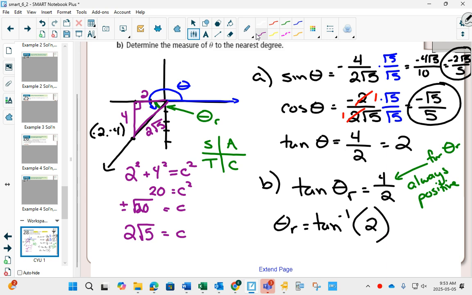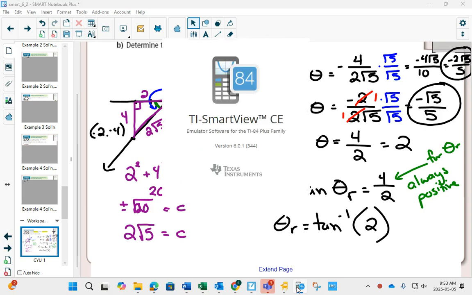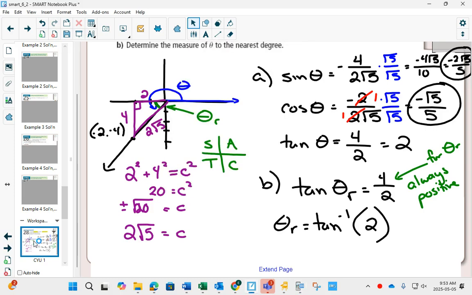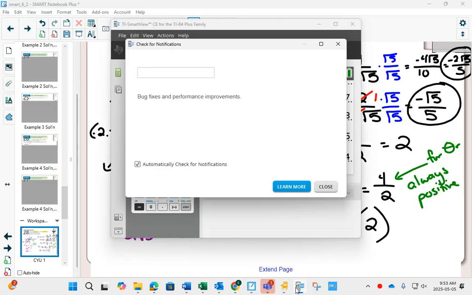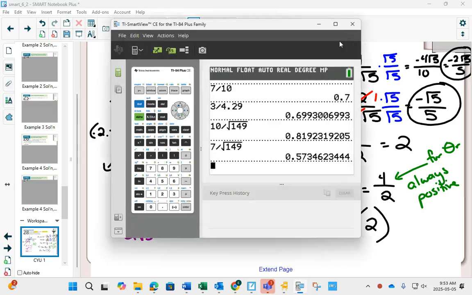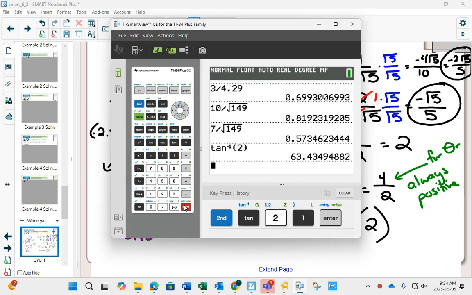So I go to my calculator. To find the angle, I do tan inverse, and make sure my calculator's in degrees. It says round to the nearest degree. So I go second, tan inverse of 2, and I get 63 degrees, rounded to the nearest degree.